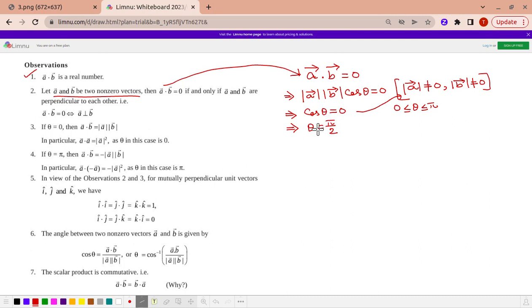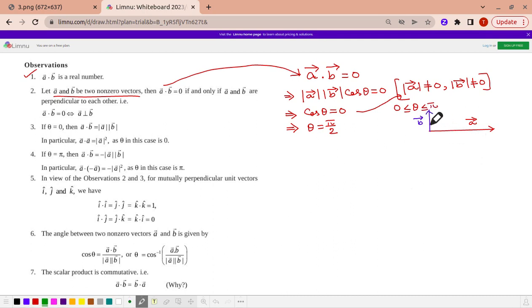That means, dear students, suppose this is the vector A, and let me draw the other vector in blue color. Suppose this is the vector B, and the angle between A and B is 90 degrees.